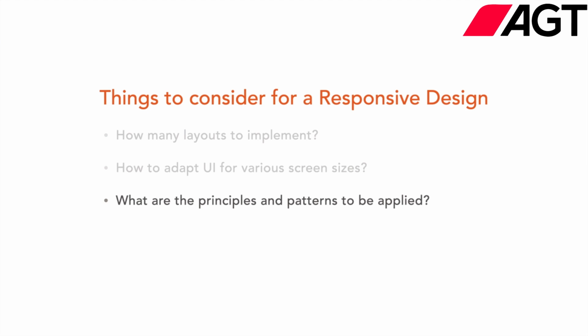Because without any set of principles and patterns, we will be lost. We will be thinking in our own customized way when there are patterns that already solved the problems.